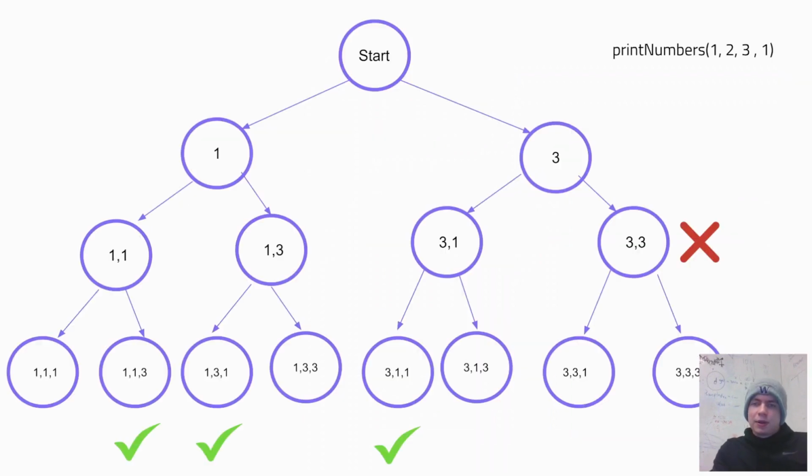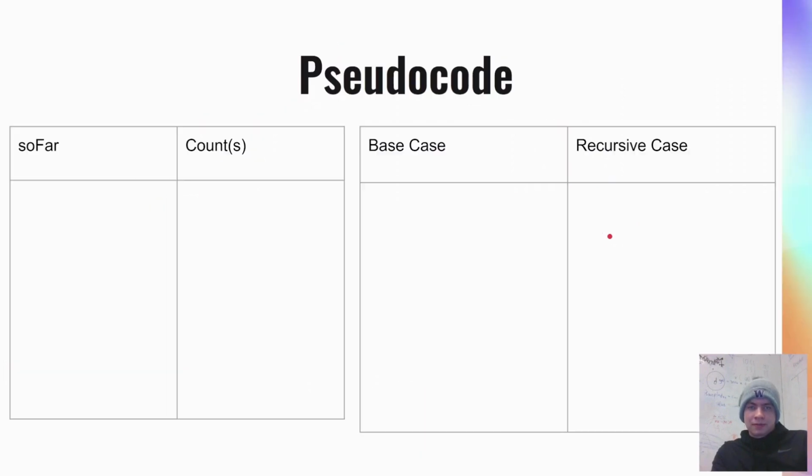This is the case where we had a 3 3, right? The client only wants us to print a single 3 in our final string. So the fact that we added more than a single 3 means we should stop recursing, as there's no longer a way to generate a valid string with 2 3s.